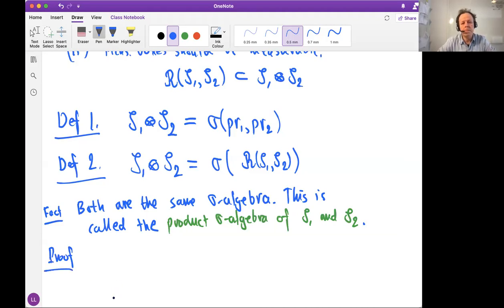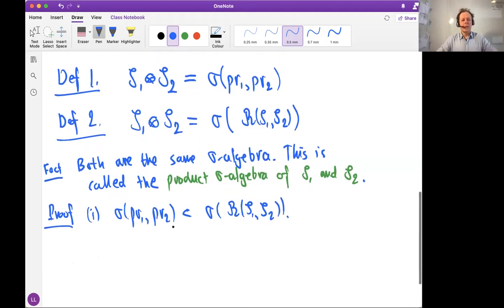So let's prove that, case one, this is contained in this rectangle sigma algebra. Why would this be the case? Take anything there. So what is there actually?